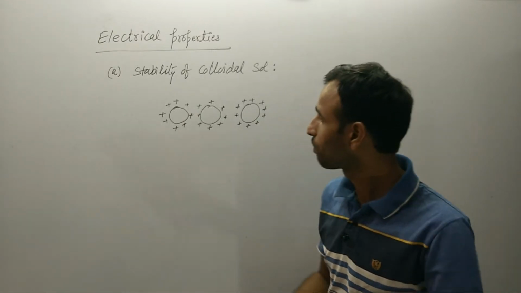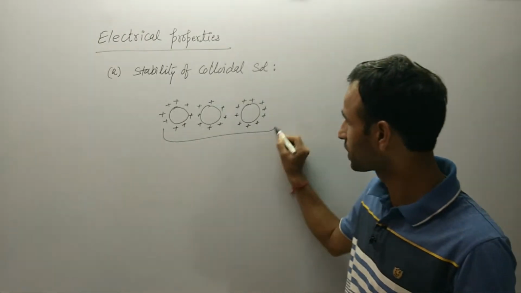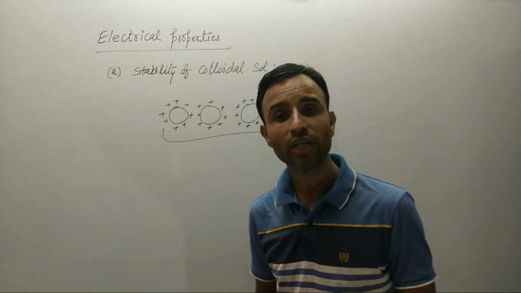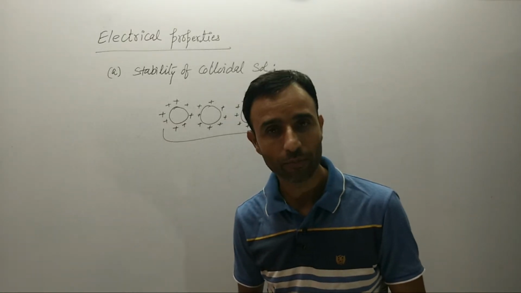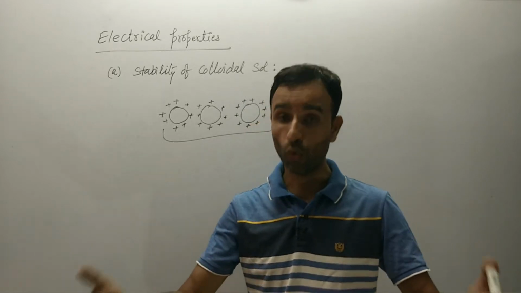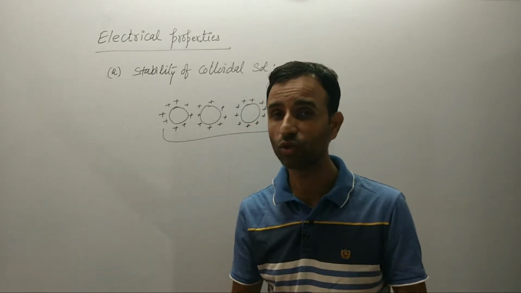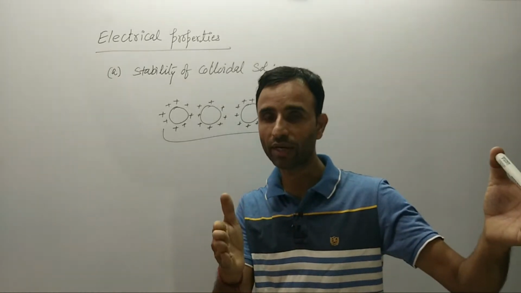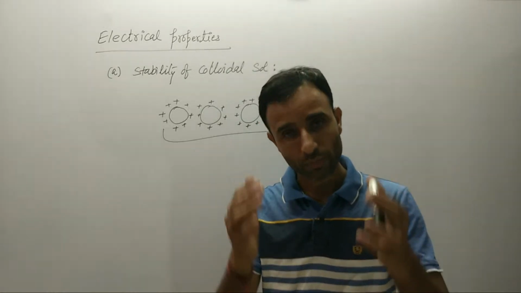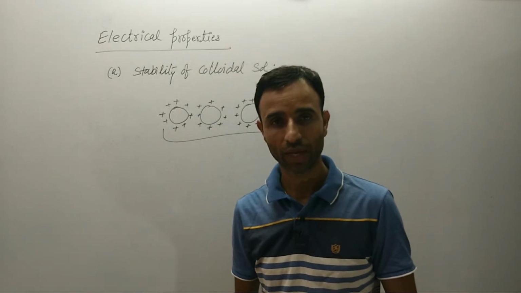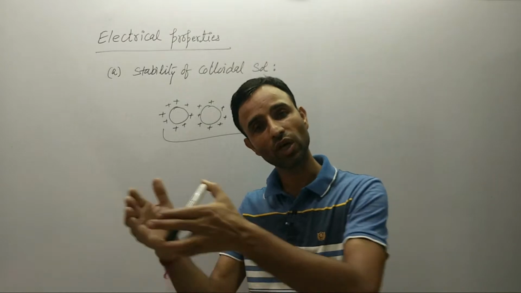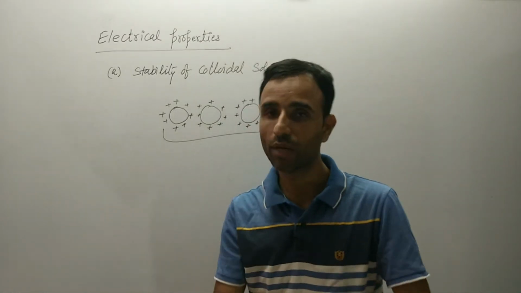And if there is a positive charge on the colloidal particles, the same magnitude of negative charge is on the dispersion medium. So overall the colloidal solution is electrically neutral, but if we see them separately, then dispersed phase particles have a charge, and opposite to that charge there is a charge on the dispersion medium particles.